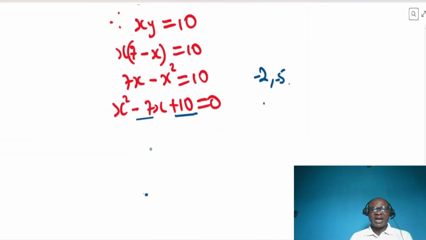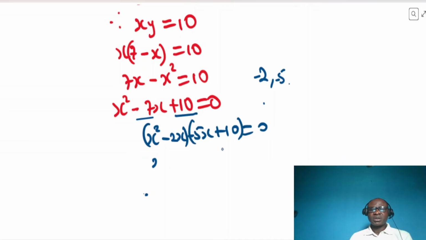Therefore, I am going to have now x squared minus 2x minus 5x plus 10 equal to 0. Factorizing it, common here is x, then I have x minus 2. Here common is minus 5, then I have x minus 2.